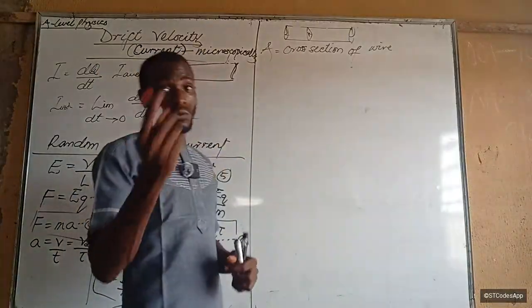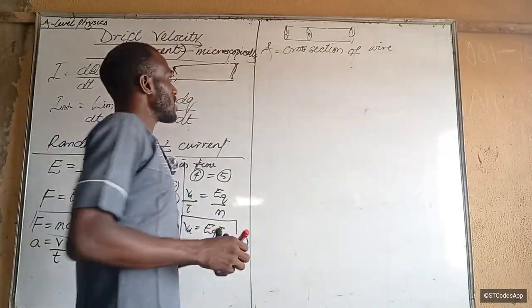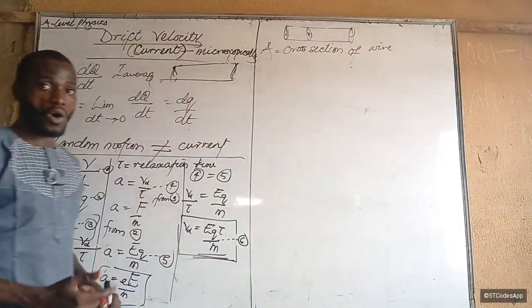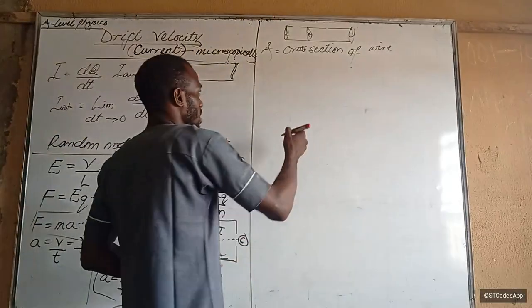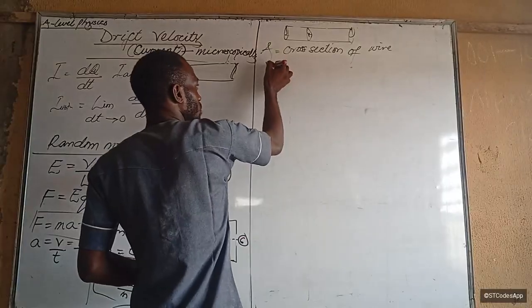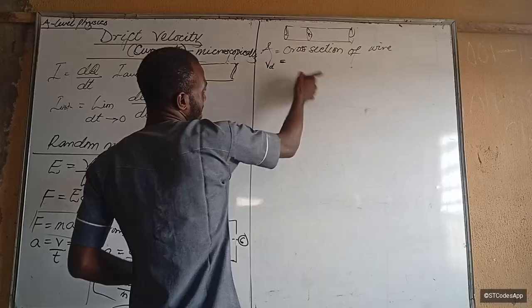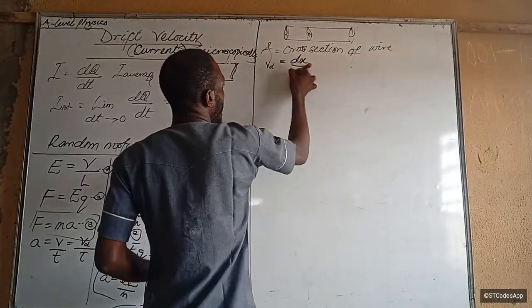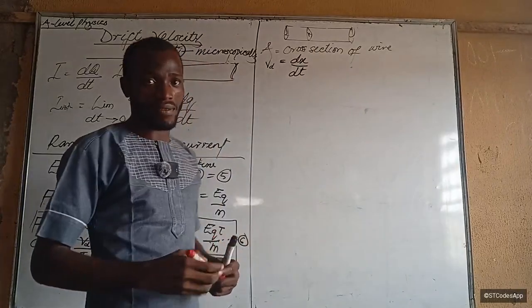Another thing we now need to parameterize is the speed, which is the drift velocity of the charge carriers. The drift velocity of the charge carriers is going to be the small distance moved in any small time interval.